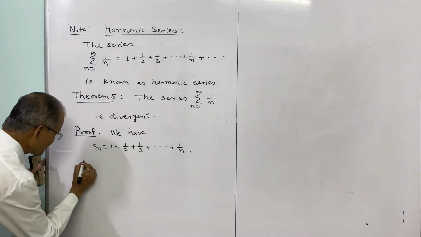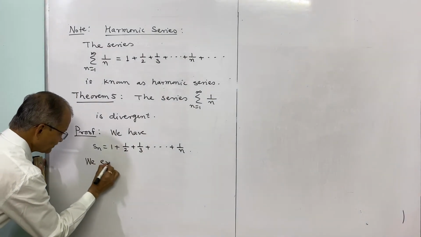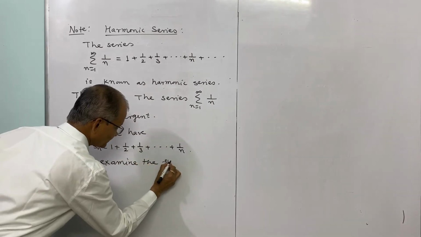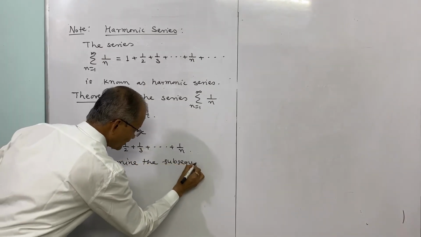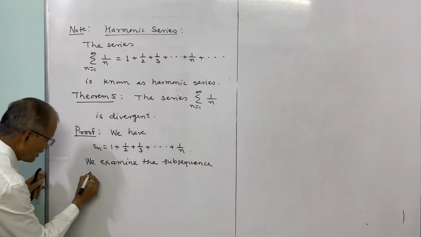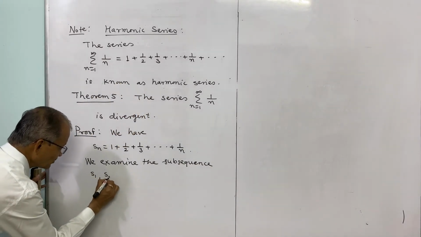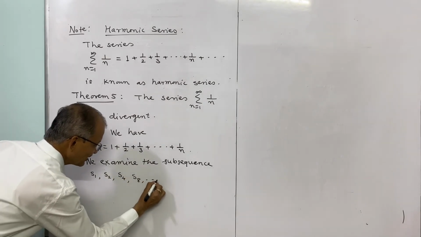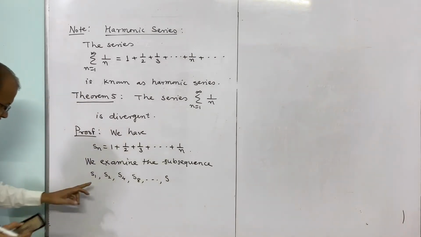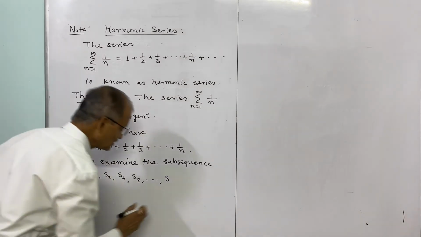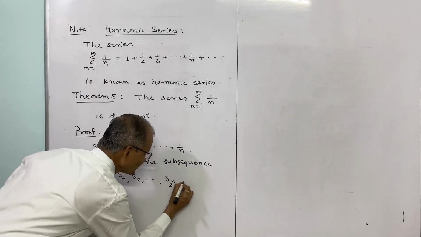And for this purpose we examine the subsequence. Now the subsequence we shall consider as S1, S2, S4, S8, and the general term will be in powers of 2. See here, 0th power of 2, first power, second power, third power, and in general nth power of 2.